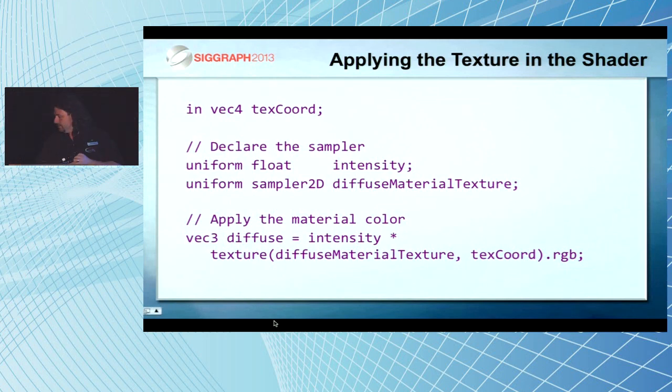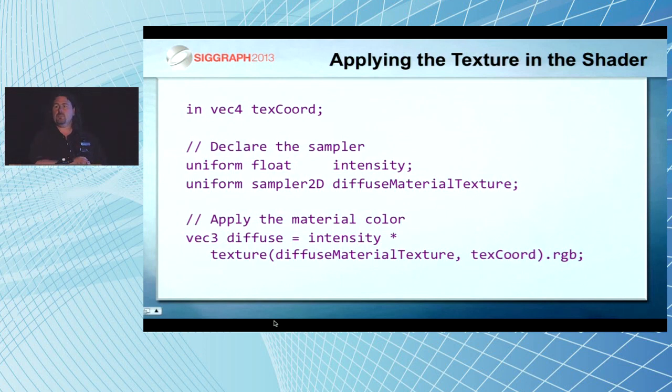The texture function, here it is, takes and looks up in this texture at this particular texture coordinate, and all it does is return back a color. In this case, an RGBA color. We only want RGB, so we chop that off and do some other bits of work. But this is what does your table lookup.